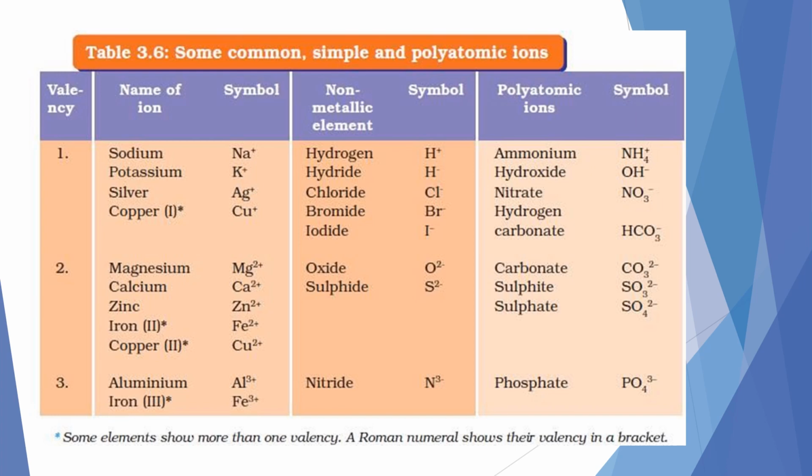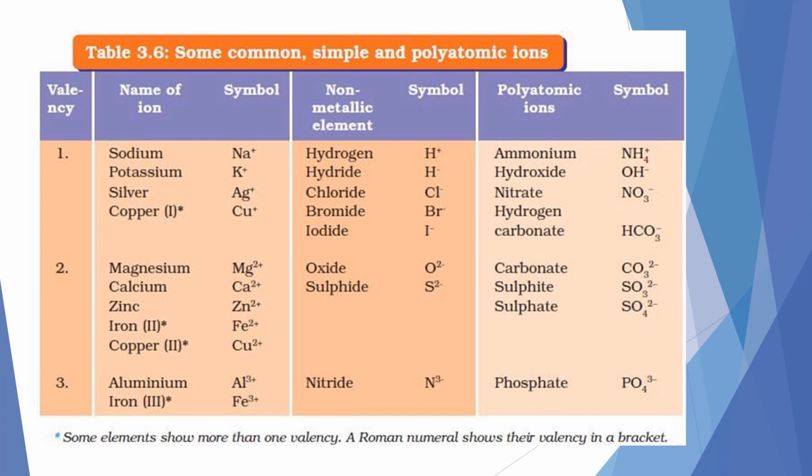And oxide: oxygen in ion form is O2 minus, and sulfur in ion form is sulfide, S2 minus. So here valency is 2. And nitride, nitrogen ion, shows 3. So valency is 3 and the symbol is N3 minus.